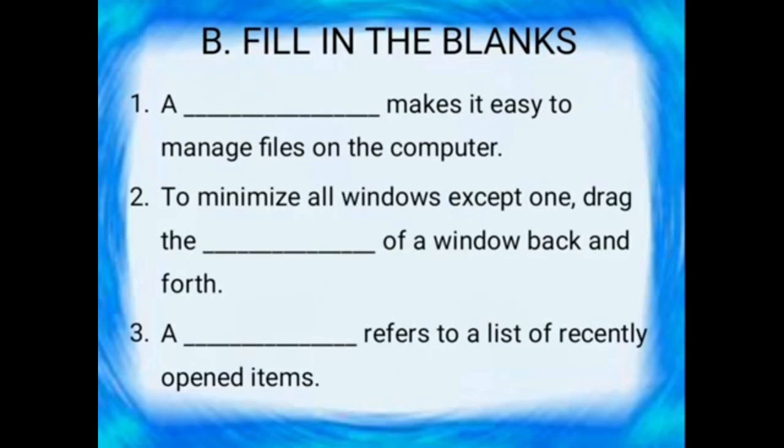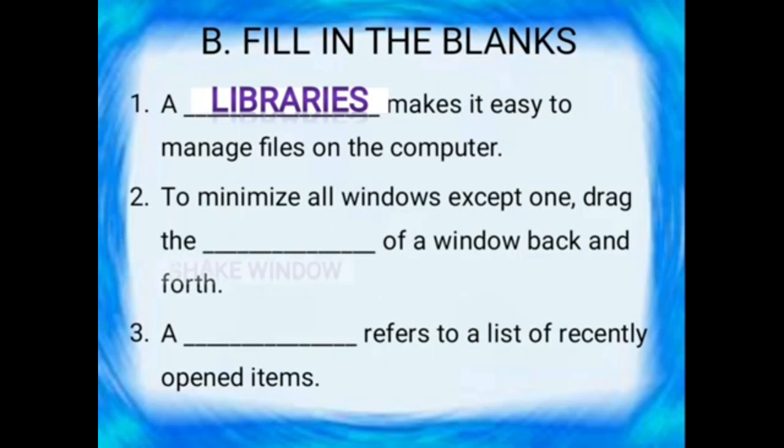Now the next one is fill in the blanks. A dash makes it easy to manage files on the computer. Which one makes it easy to manage files on a computer? Libraries. So they have documents individually, pictures individually, video files individually, so it makes it easy to manage the files. The next one, to minimize all the windows except one, drag the dash of the window back and forth.